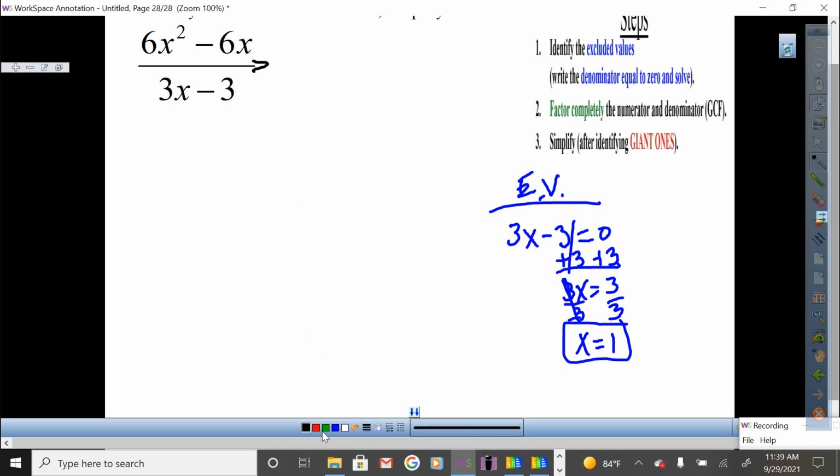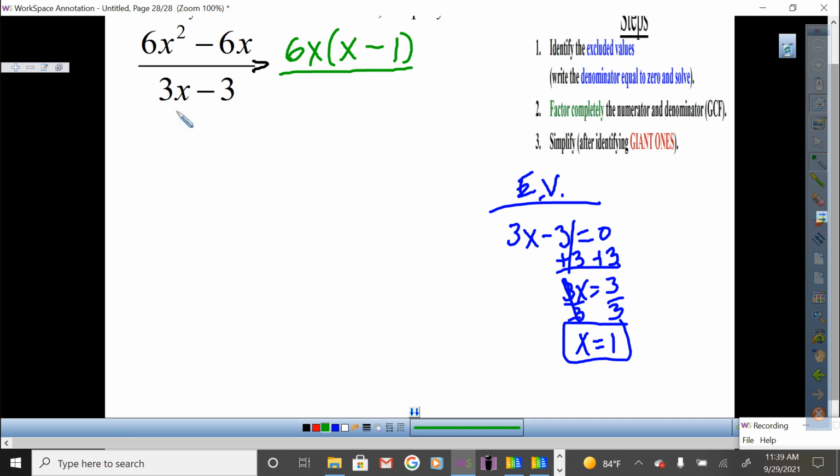Alright, look at the numerator. Can we factor that? Yes, by looking for what? GCF. What's our GCF? 6x, okay, and that leaves us with 1x minus 6x divided by 6x is 1. Okay. How about the denominator, Juliana?